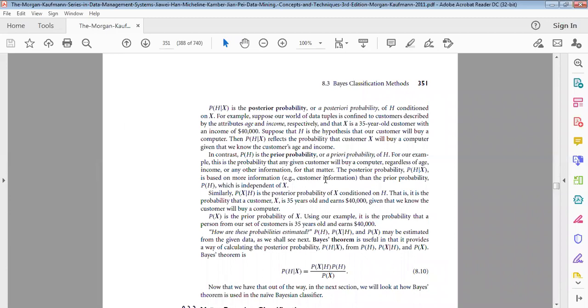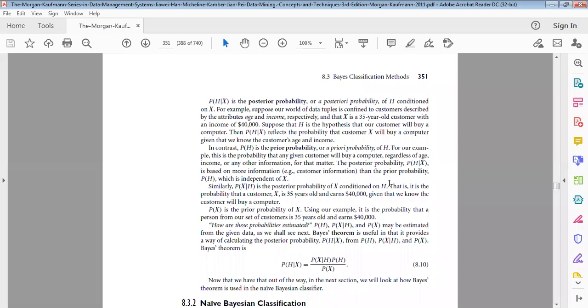The probability of hypothesis given X is equal to the probability of X given hypothesis times the probability of hypothesis, divided by the probability of X. That is simply called Bayes theorem. So this is regarding Bayes theorem.